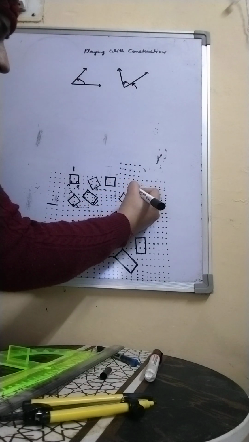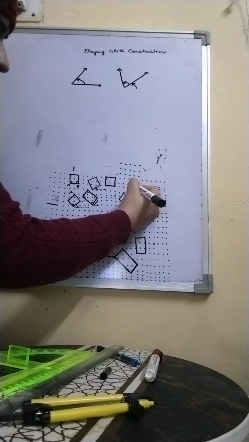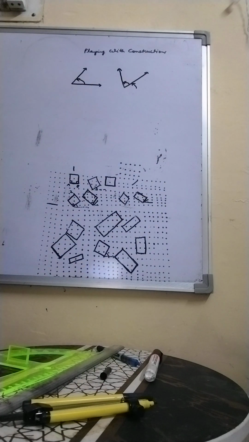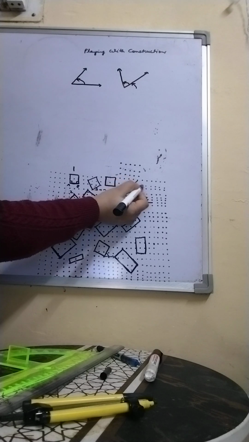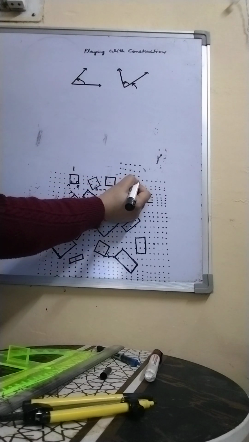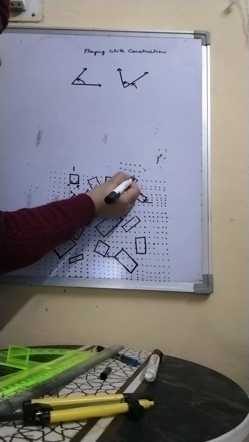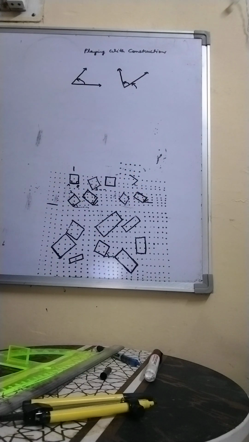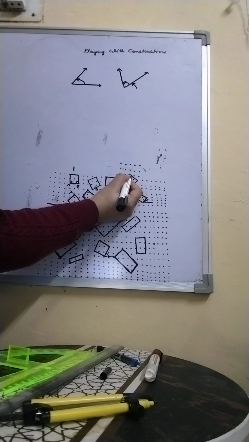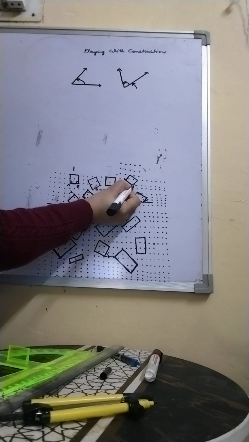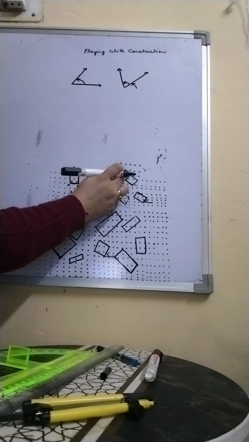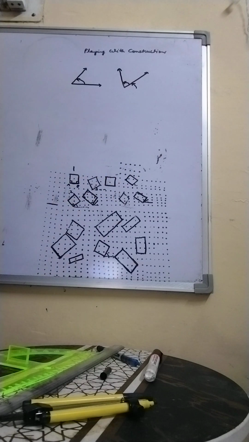I am joining the slanting inclination here. Instead of joining here, I am joining the inclined part, then join here the next inclined part, then join here the next inclined part, and join here the next inclined part. So you get the square at another rotation.